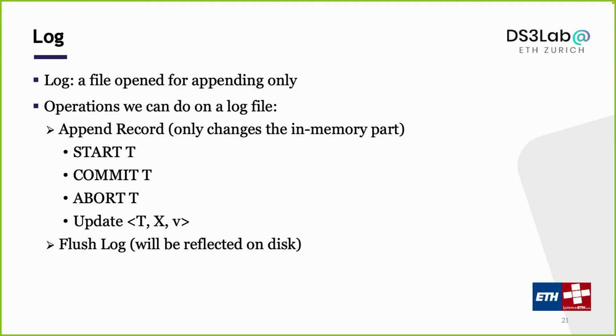Another operation you can do on logs is you can also flush the log. Whenever you append something, you're actually putting all the information in the buffer. Whenever you flush the log, you're actually reflecting it to the hard drive. And this is the instruction in our example we're going to use to flush the log to the disk.